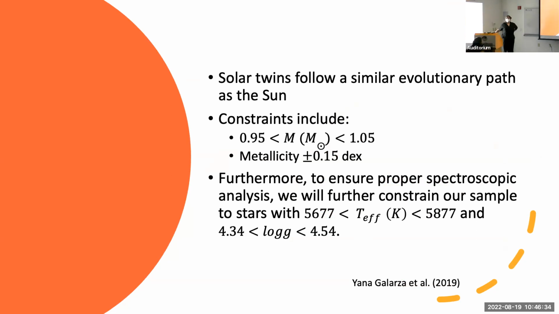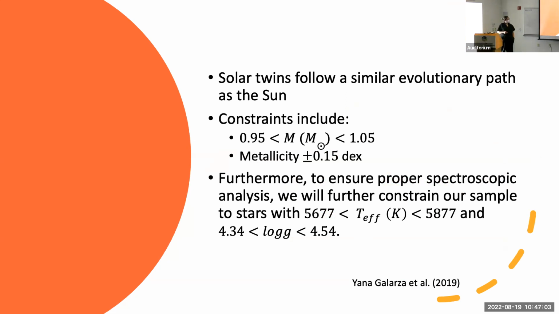The sun has provided us a case study for many of our questions about stars. And as much as we would love to apply our data from the sun to any star that we want, first we kind of have to apply that to solar twins. So solar twins follow a similar evolutionary path as the sun. They have a similar evolutionary track, mass, and stellar parameters.